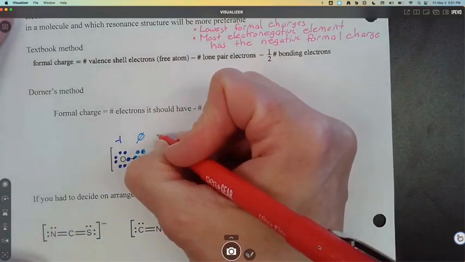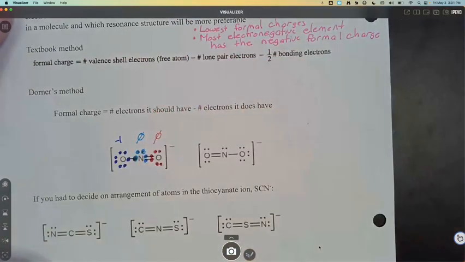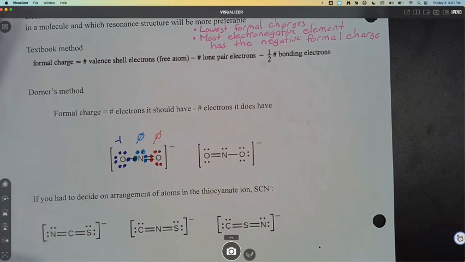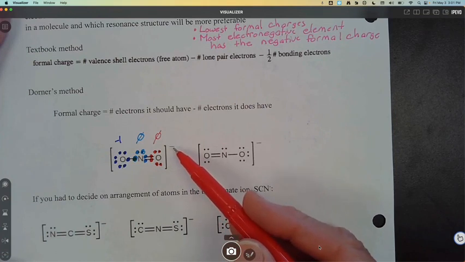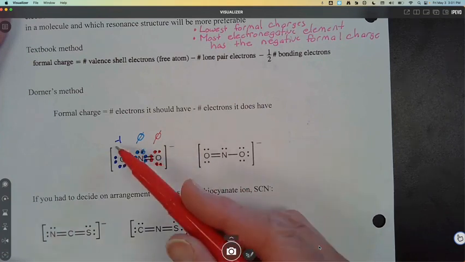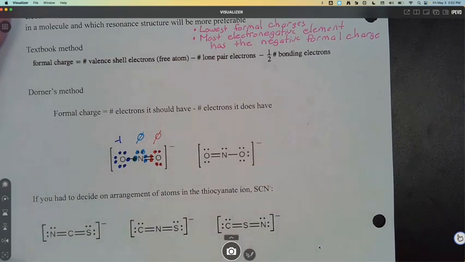It has 6. Formal charge on that one of 0. The overall polyatomic ion has a charge of -1. -1 plus 0 plus 0 is -1. Bingo. The charge on the ion should match the sum total of all the formal charges.